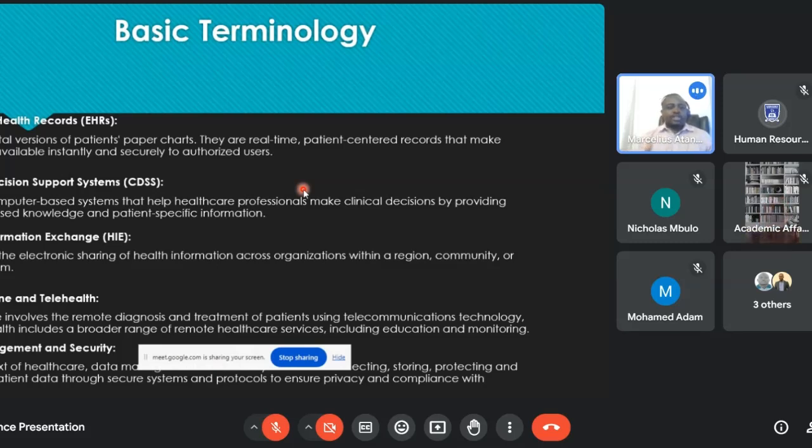For those of us in the medical field, we've heard a lot about false negative, false positive. These are all shortcomings of data collection and management.